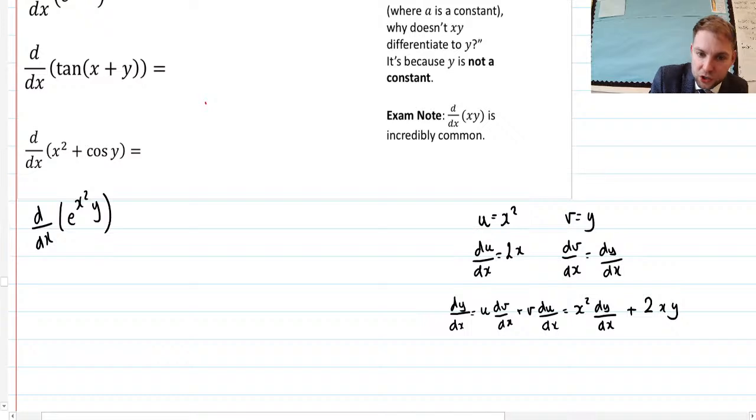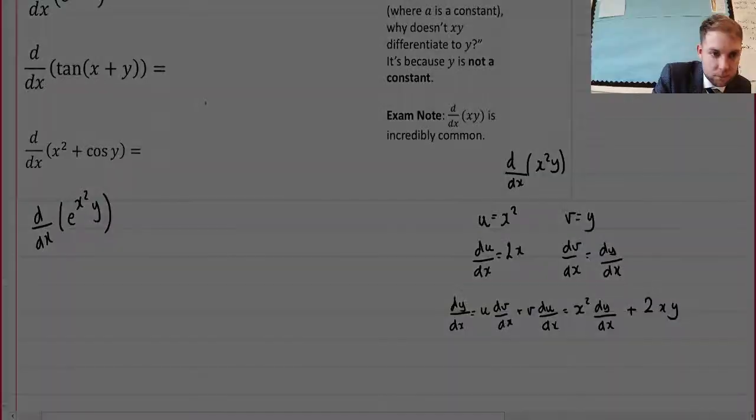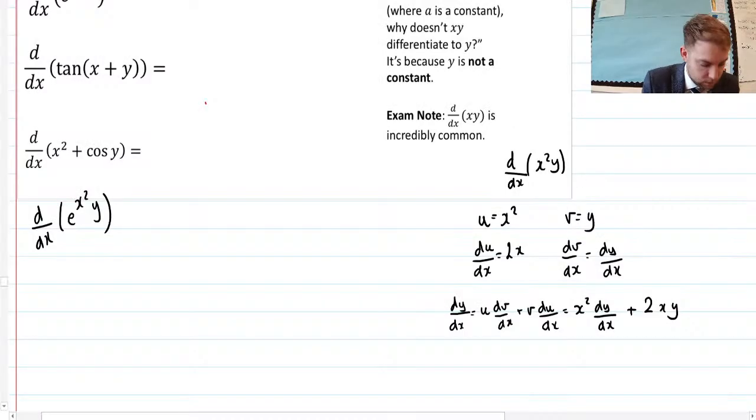So if I'm differentiating x squared y with respect to x, that's equal to this down here.